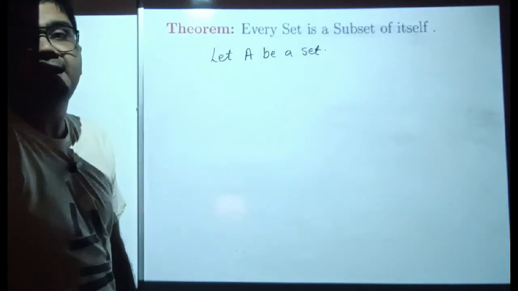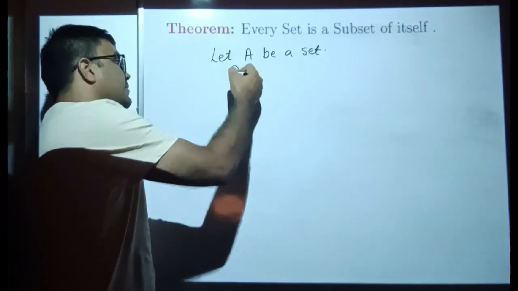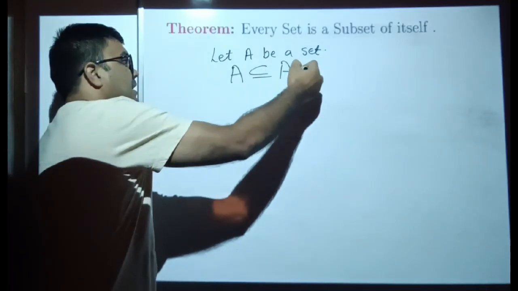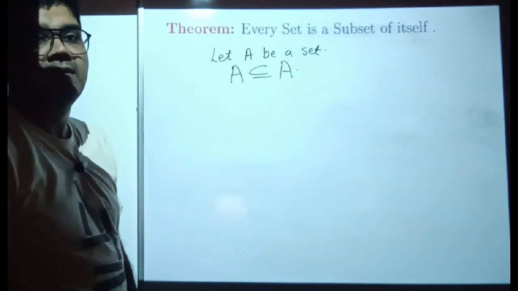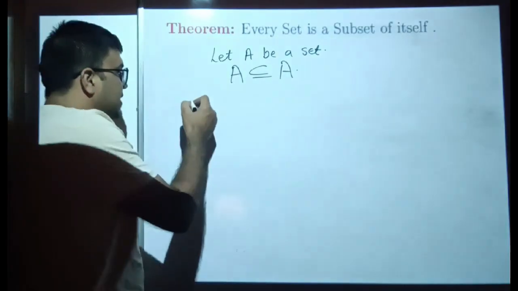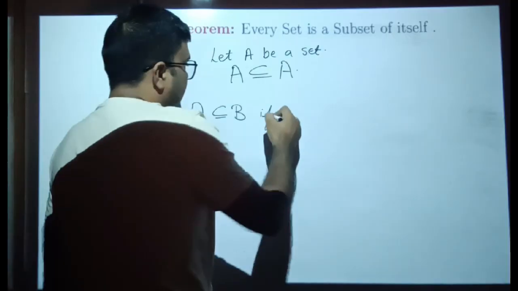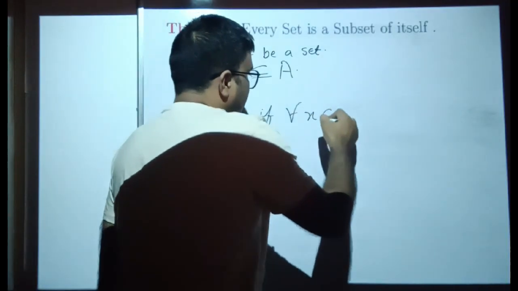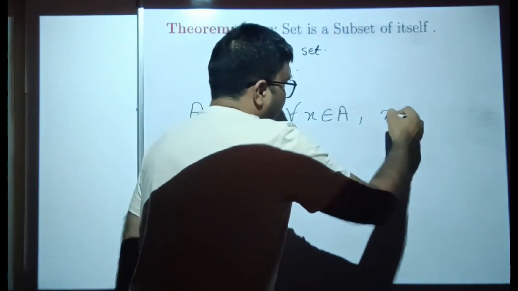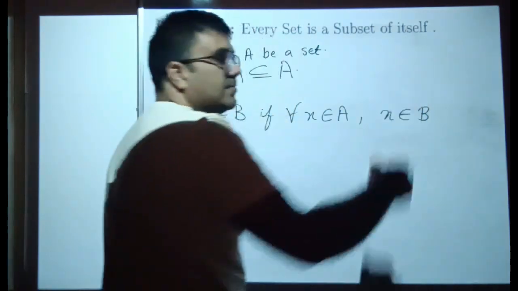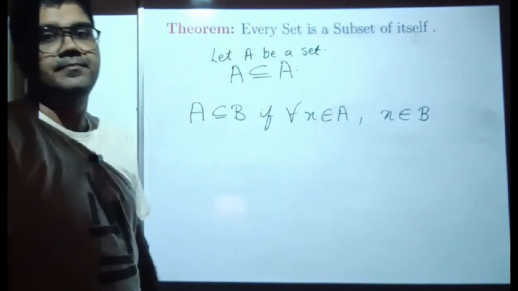We have to prove that A is a subset of A. Now what is the definition of subset? We are saying A is a subset of B if for all x belongs to A, we have x belongs to B.